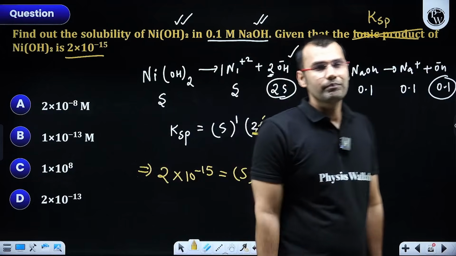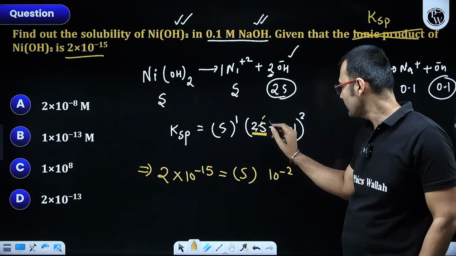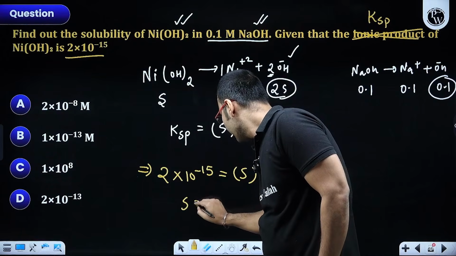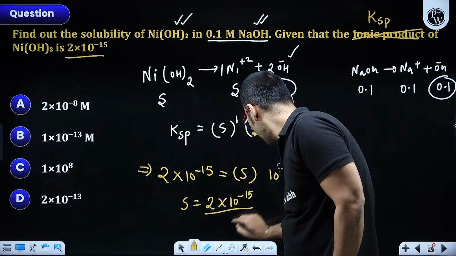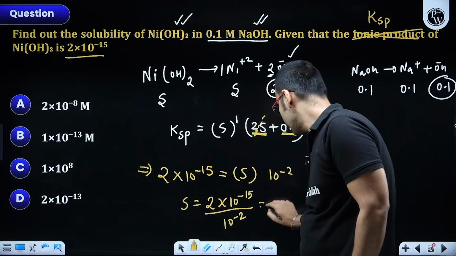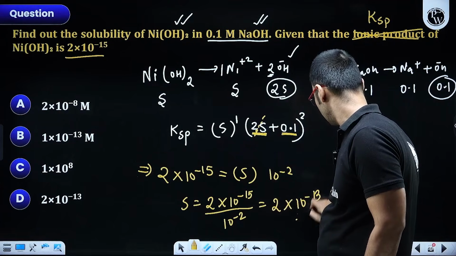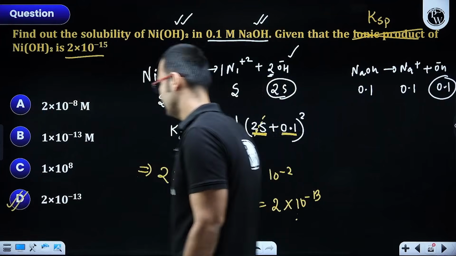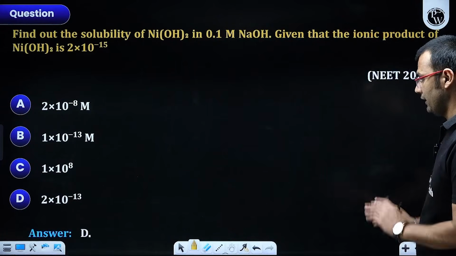Can you see how simple our calculation becomes because we ignored this due to the common ion effect? Now S will be simply 2 into 10 power minus 15 divided by 10 power minus 2, which is 2 into 10 power minus 13. So 2 into 10 power minus 13 will be your answer, right? Definitely the answer should be D here. And yes, it is D.